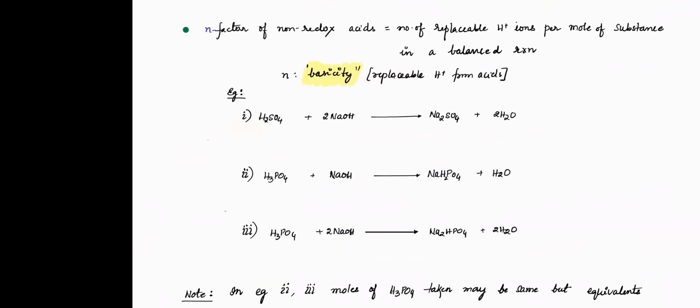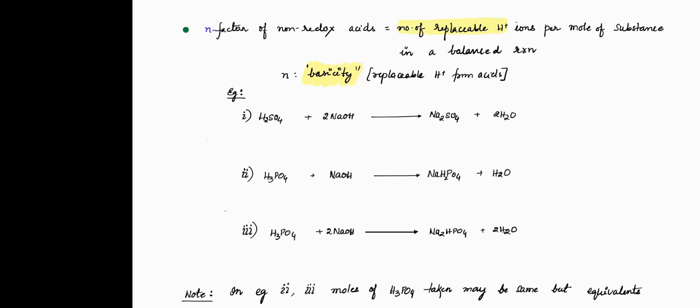Let's see this. The n factor of a non-redox reaction is equal to how many replaceable H plus ions there are if it is an acid. That is how many H plus you can replace or remove from an acid. That is called the basicity of an acid.